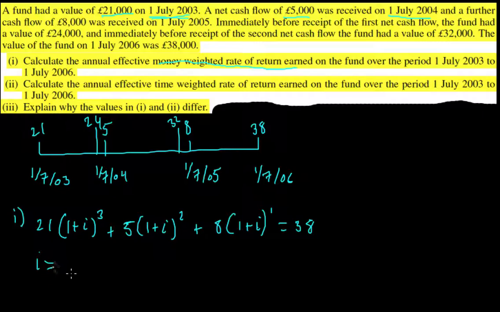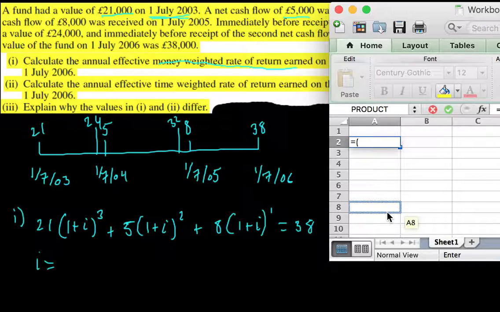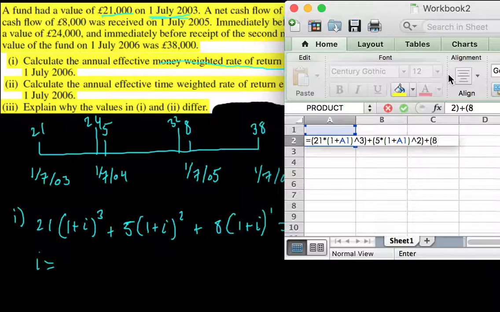So we've got to find out what i is, and we've got to get it by doing trial and error. So let's just use Excel and muck around with some numbers just to make things a little bit easier. I'm going to do what I did in that last one. I'm going to say 21 multiplied by 1 plus this bit over here to the power of 3, and then we're just going to be adding on 5 multiplied by 1 plus that bit there to the power of 2 plus, I'll just bring this along, 8 times 1 plus i, which we're still trying to work out.